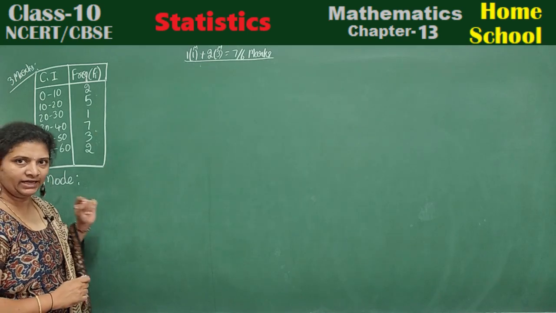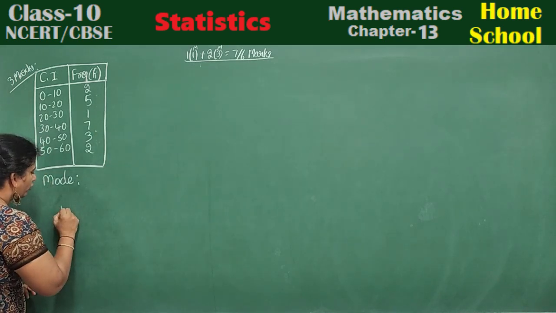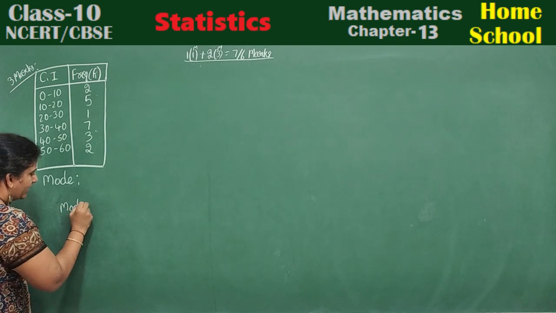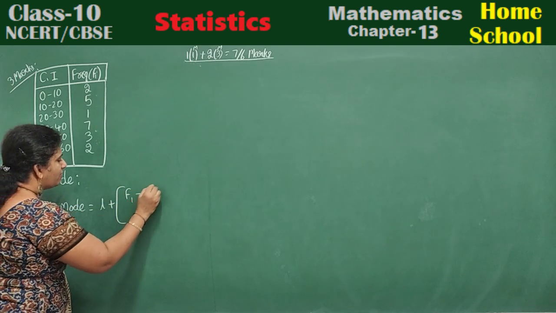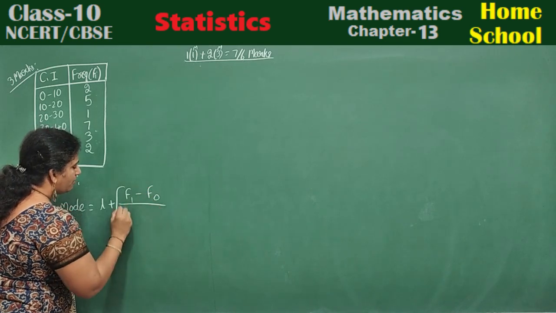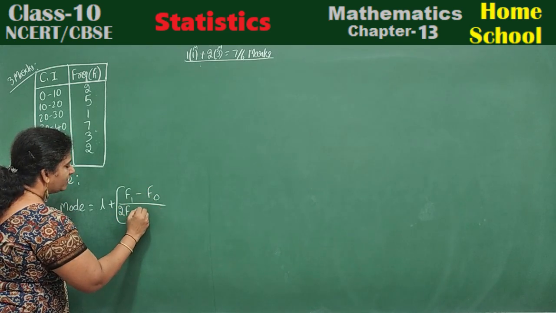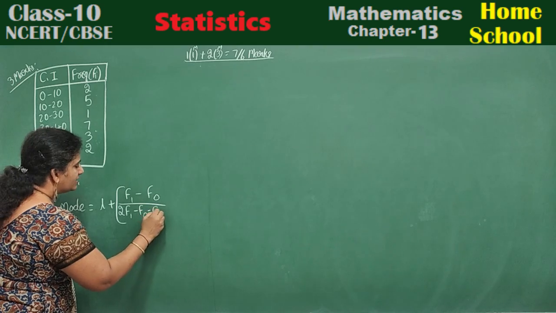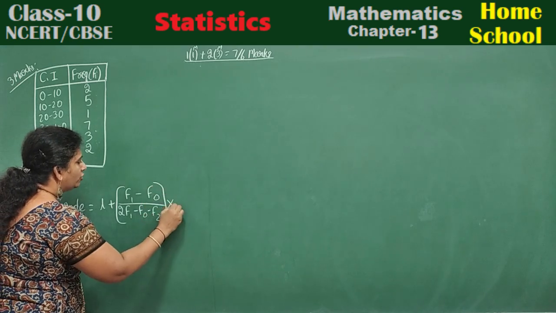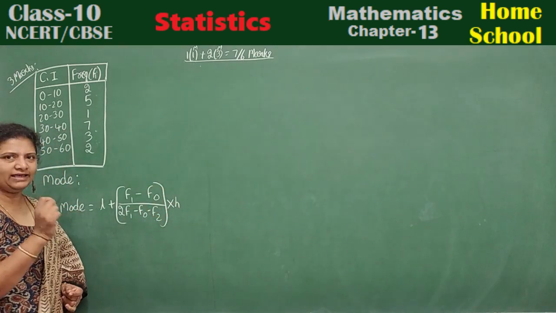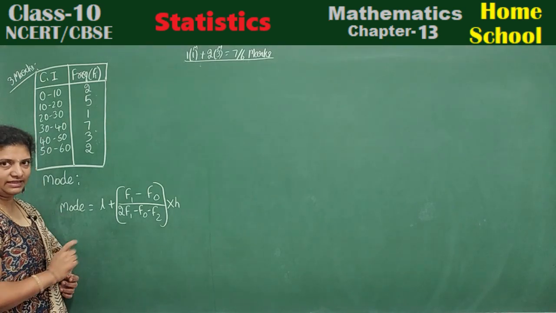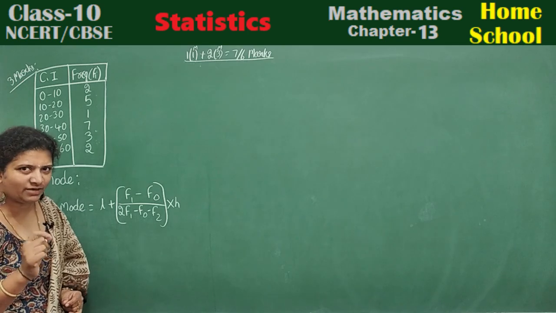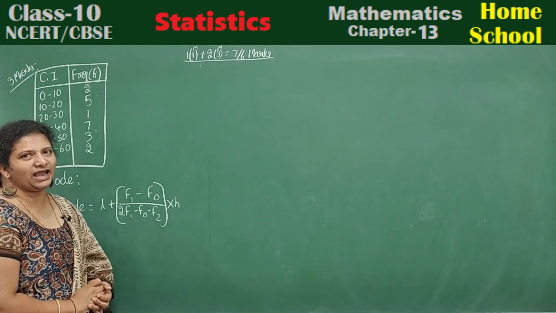First we are going to calculate mode. Let me write the mode formula. Mode is equal to L plus (F1 minus F0) by (2F1 minus F0 minus F2) into H. To calculate mode, we should know the formula first and then identify the modal class.